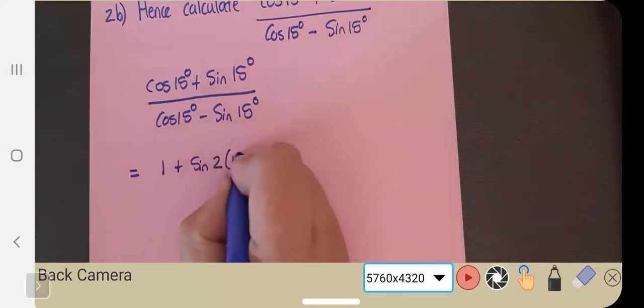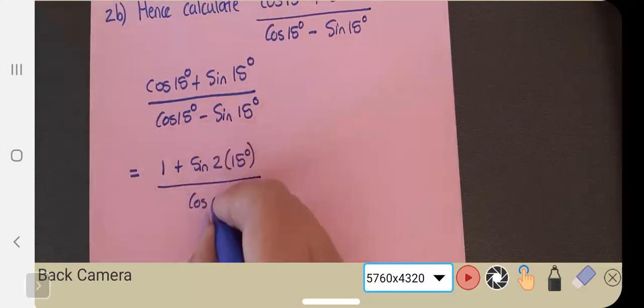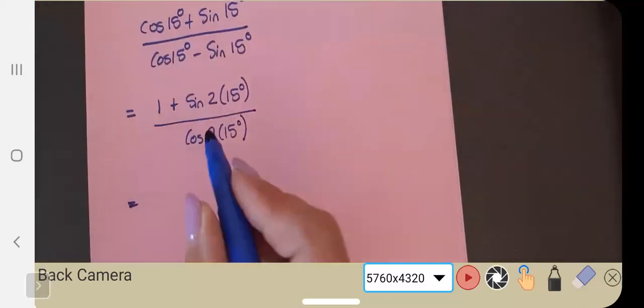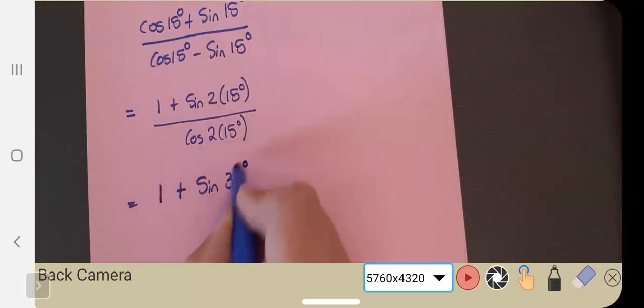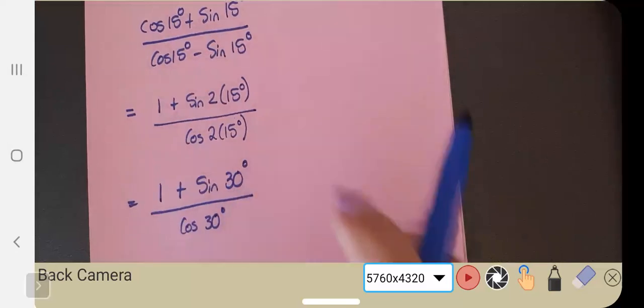So it will be 1 plus sine 2 times 15 over cos 2 times 15. That becomes 1 plus sine 30 degrees over cos 30 degrees. These are special triangles.